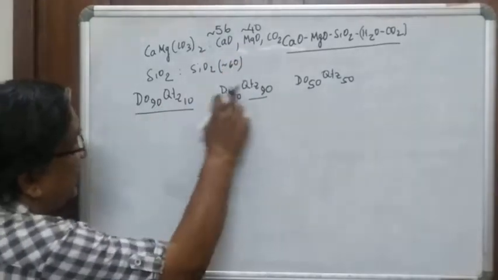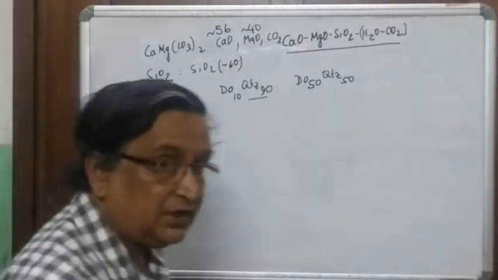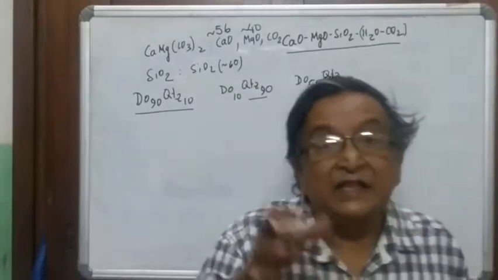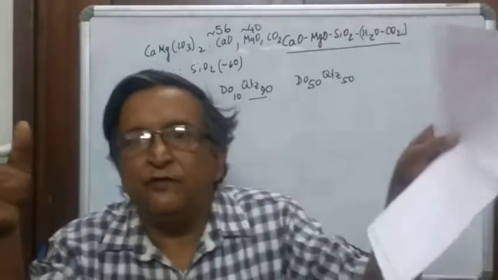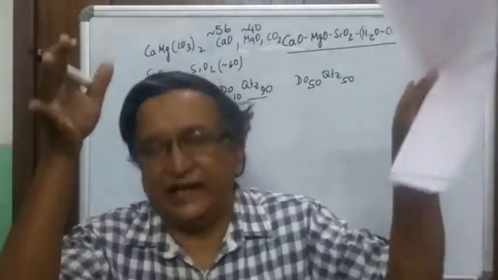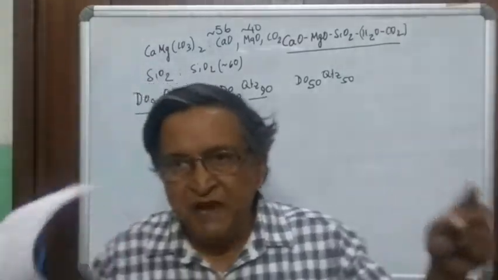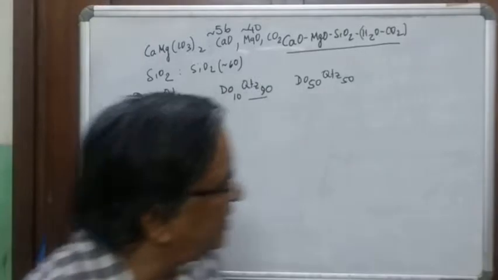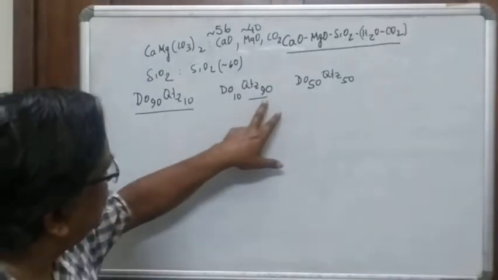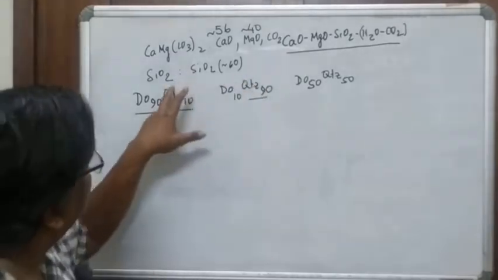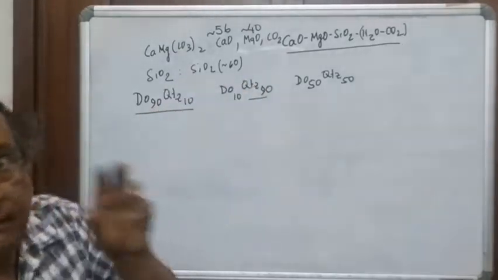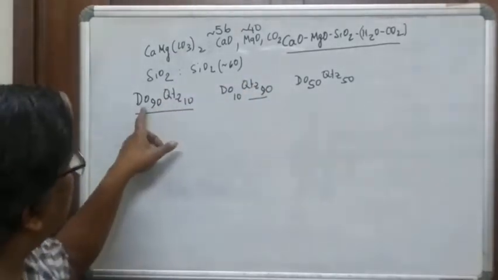So essentially, this difference in mineralogy is a difference in the composition of the whole rock in terms of major element oxides. Here you have a lot of SiO2 and a little bit of CaO and MgO. Here you have very little SiO2 and a lot more CaO and MgO.